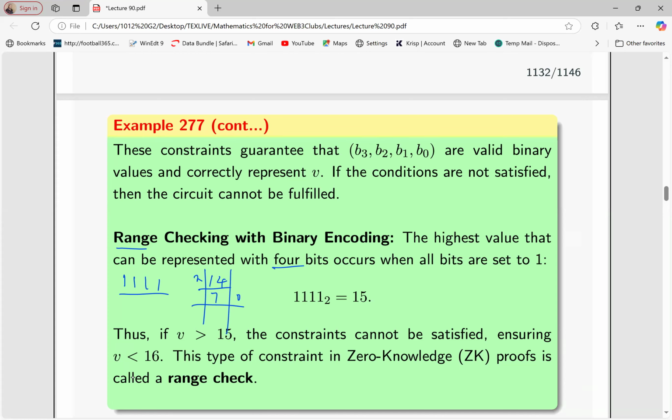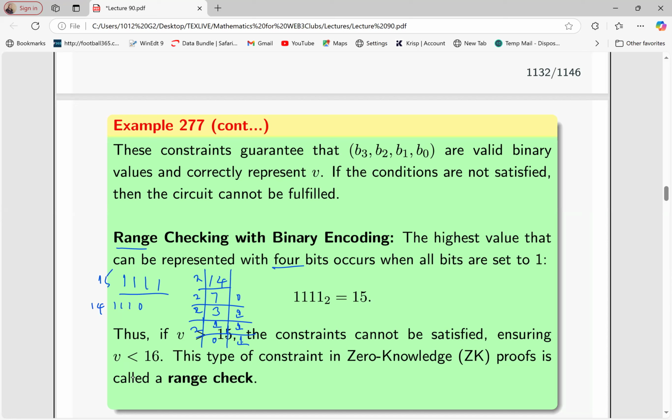Then 2 goes into 7 three times, the remainder will be 1. 2 goes into 3 once, the remainder will be 1. And 2 goes into 1 zero times, the remainder will be 1. So 14 will be 1, 1, 1, 0. This is 15. This is 14.